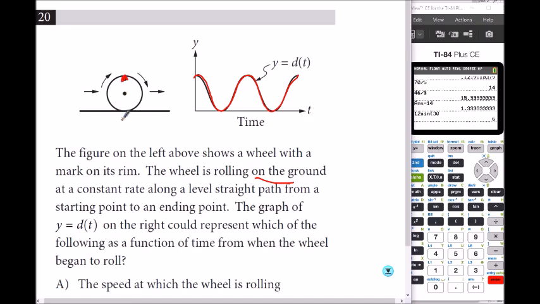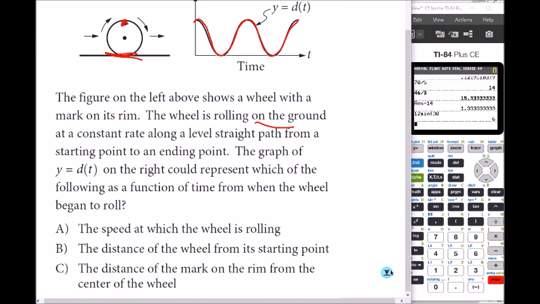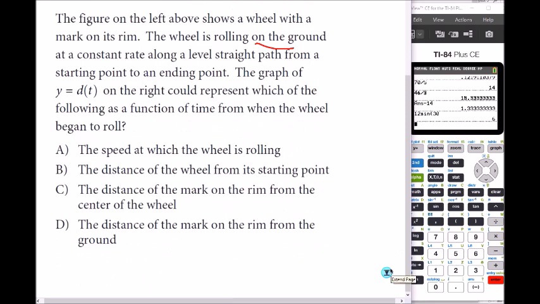So the distance from the ground. You should have done some questions like wheels, the Ferris wheel, it's the distance going up and down, the height. The speed, no, it's not the speed. Distance of the wheel from the starting point, it's not the horizontal distance. Distance of the mark on the rim from the center of the wheel, not the center, it's from the ground. So it is D.